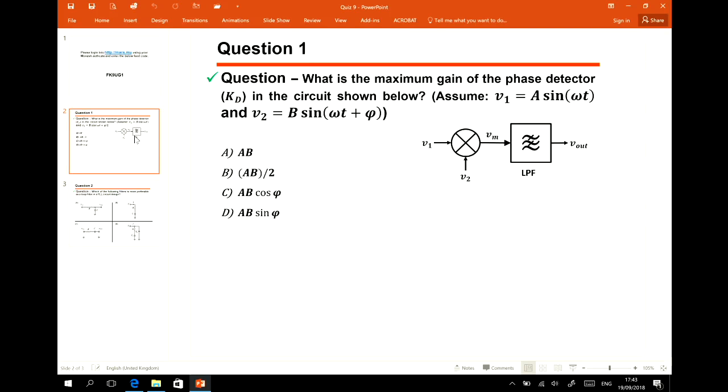And then we want to see what's the maximum gain of this phase detector. Reference signal V1, the output of the VCO is the V2, and then we have the output of the filter as the main phase detector.